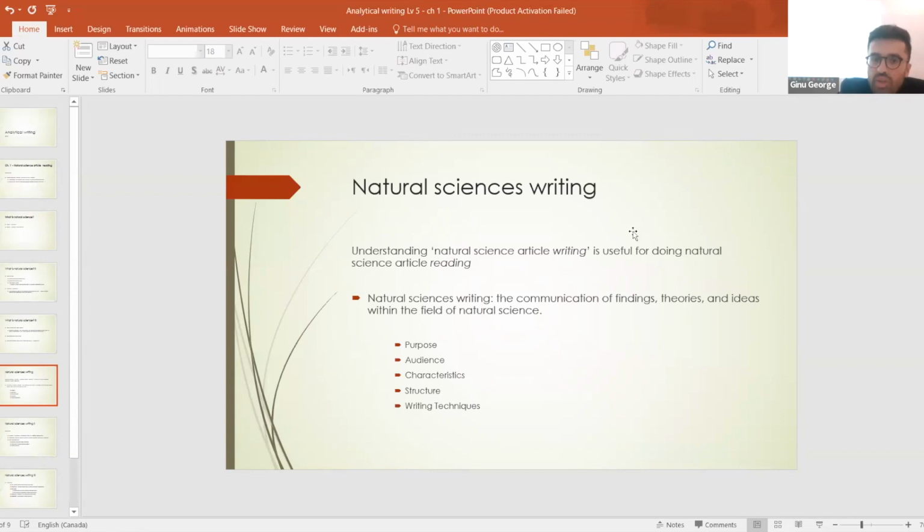And then we're going to look at a few things like the audience of such articles, their characteristics, some of their features, their structure, which is important, and some of the writing techniques they use.